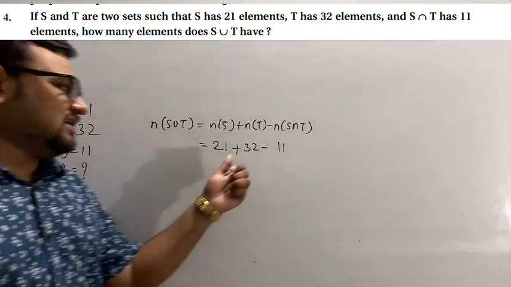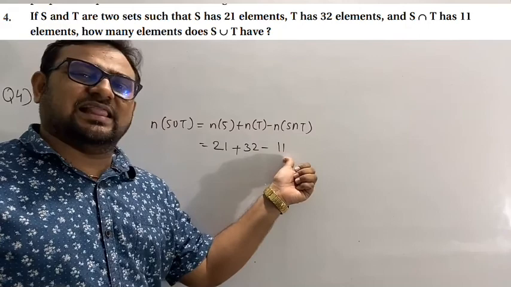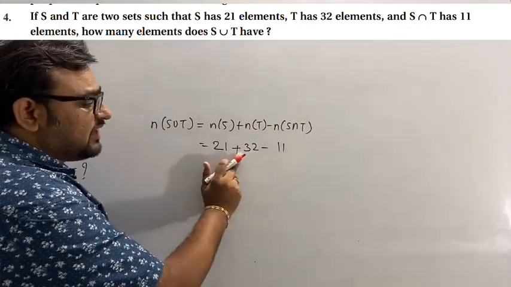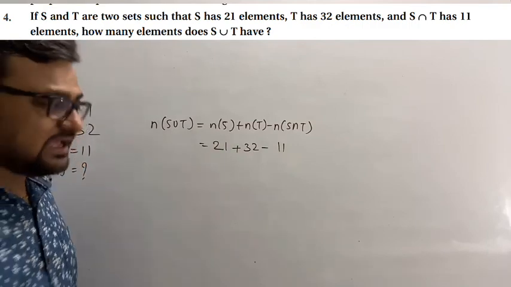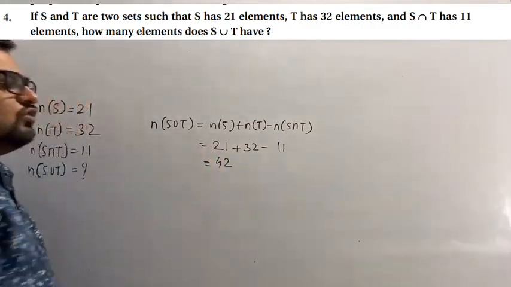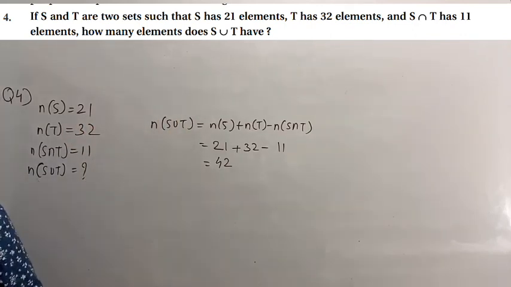So 21 plus 32, sorry, that will be equal to 53, minus 11, so that will be equal to 42. So S union T has 42 elements.